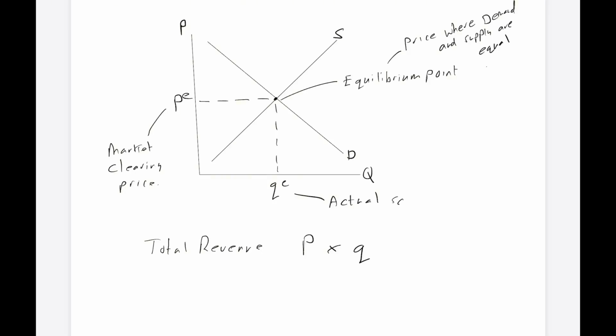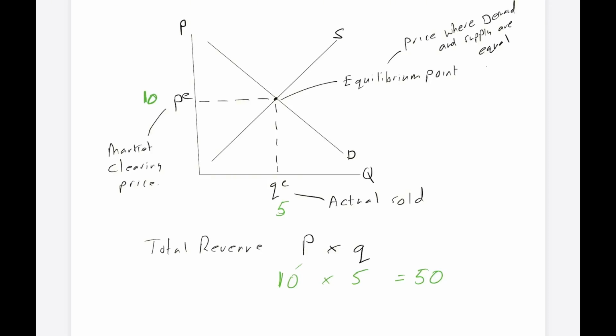So if the price was, let's say, 10 pounds, and the quantity is 5 products sold, that gives us a total revenue of 50. The total revenue is the price times quantity.